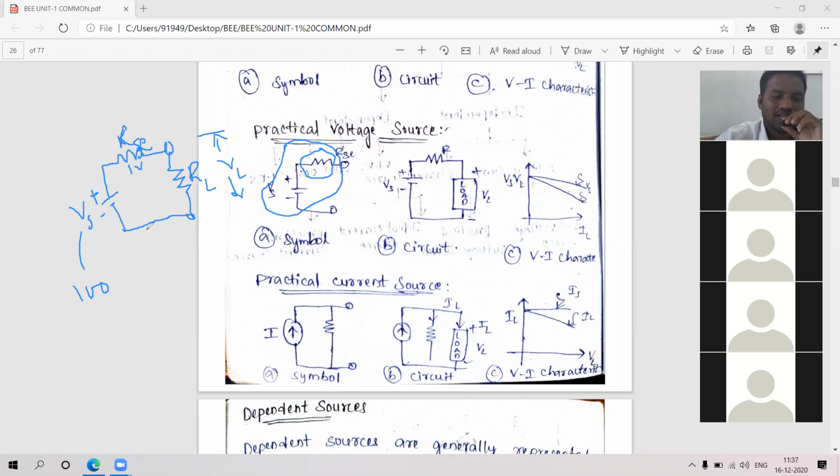For the voltage consumed by the load, we know KVL, Kirchhoff's voltage law: the sum of all voltages in a closed circuit is zero.